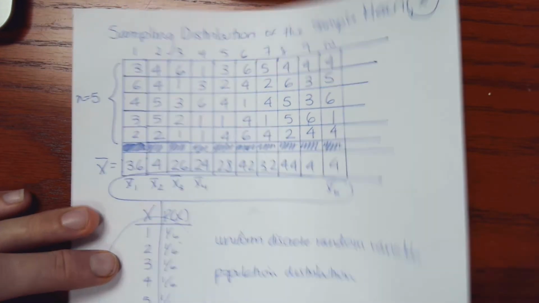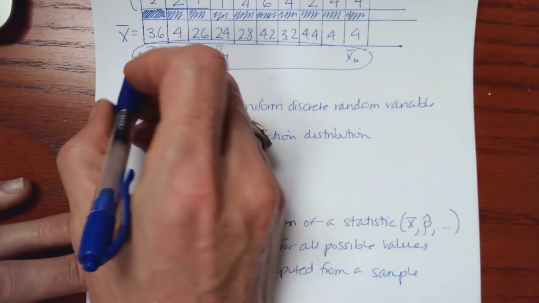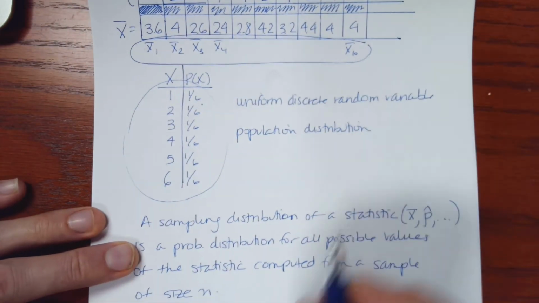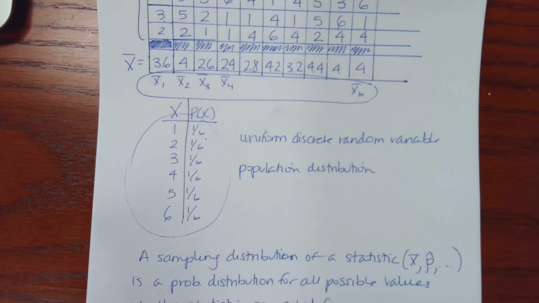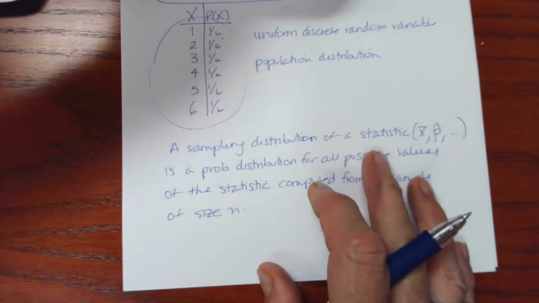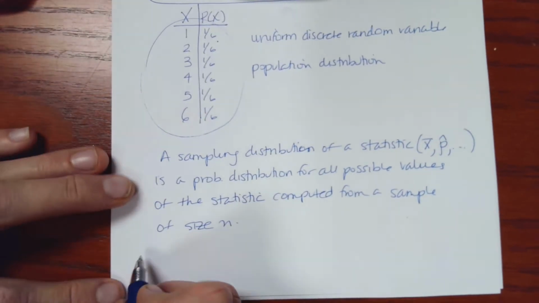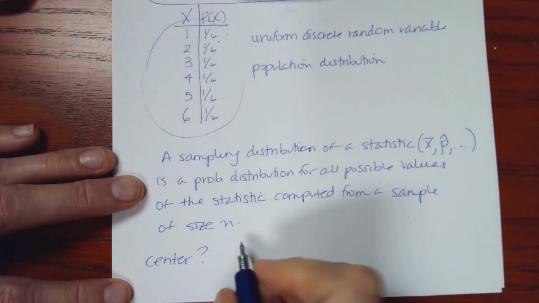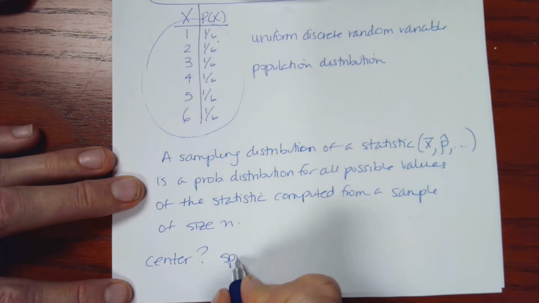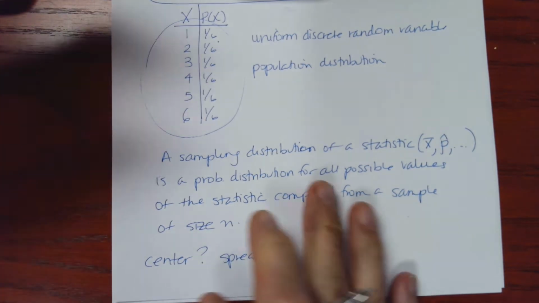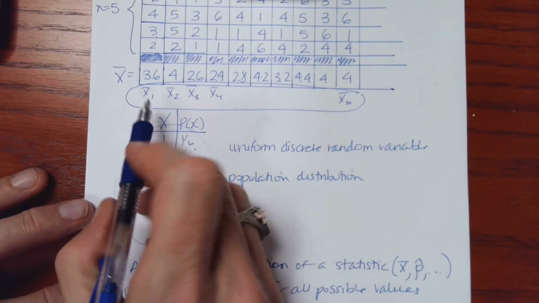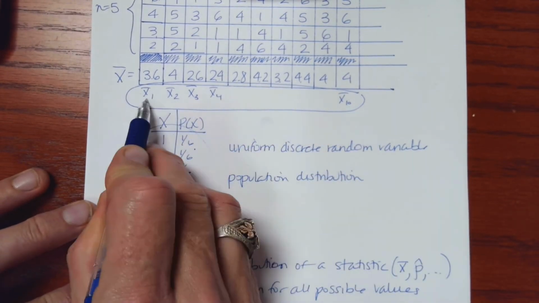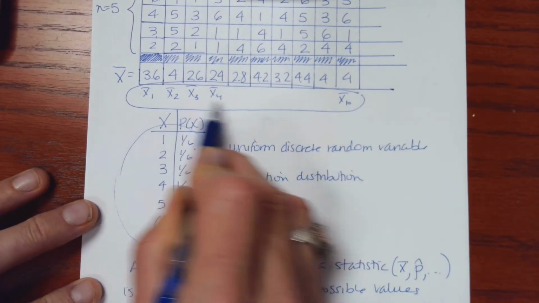So of interest to me in regards to this distribution, I would certainly like to know where the center of the distribution is. So I'd like to know something about the center, something about the spread. So by center, I mean, what's typical? What's the typical value among these sample means?